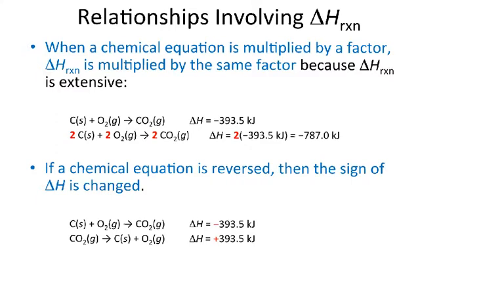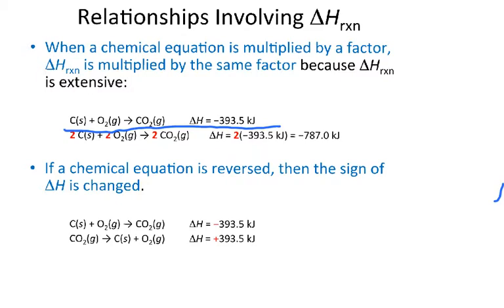So when I said just a minute ago that enthalpy is an extensive property, what I mean by that is that when you have a particular chemical equation and you have an enthalpy of a reaction, if you increase the quantity of reactants and products, the enthalpy is going to increase by that same proportion. So let's look at this first reaction here. You have solid carbon plus oxygen gas yielding carbon dioxide.